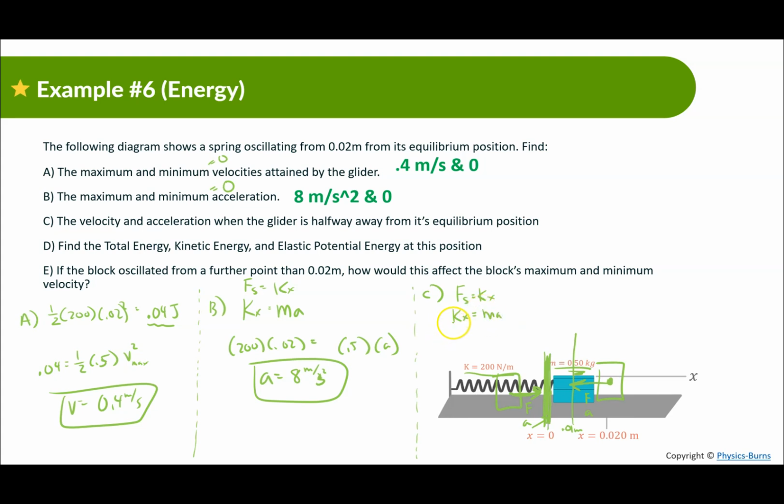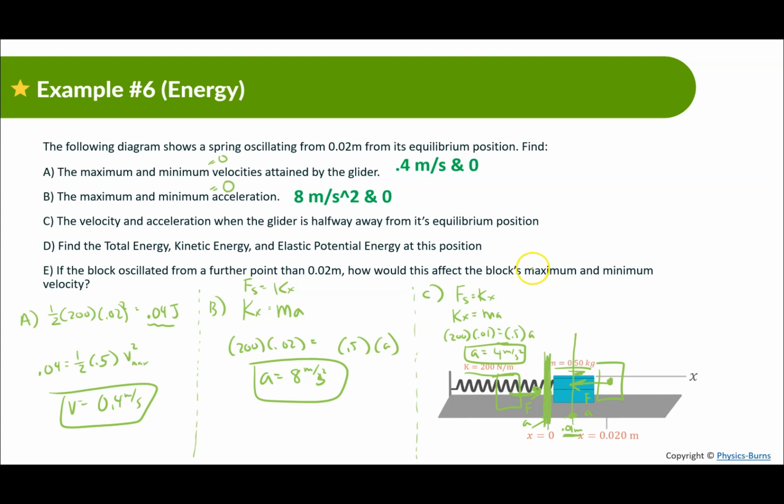So k is equal to 200, that's the spring constant. x is 0.01, that's how far it is from the equilibrium. Mass is equal to 0.5. And now we're looking for acceleration. Okay, 200 times 0.01 divided by 0.5, and that's going to be 4 meters per second squared. So that's the acceleration at this point here.